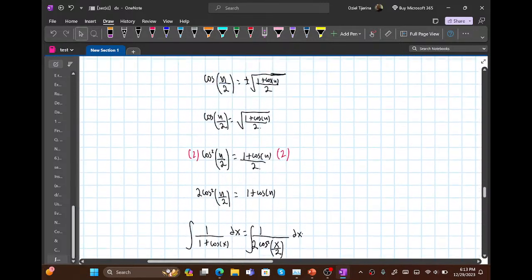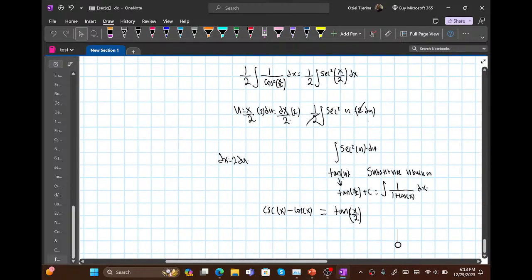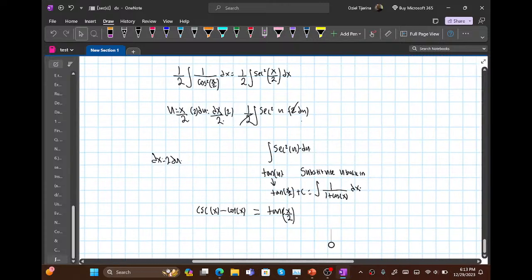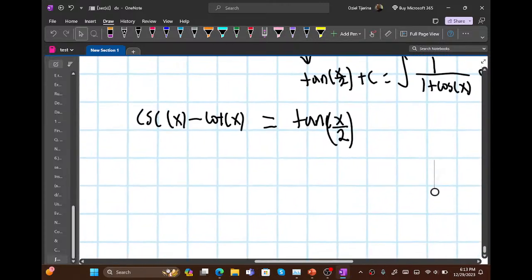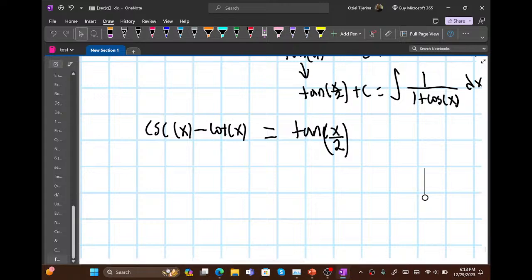Because that's what we got at the end when we did the integral of 1 over 1 plus cosine. Let me see if I can just prove this. I really don't know, but I'll see.